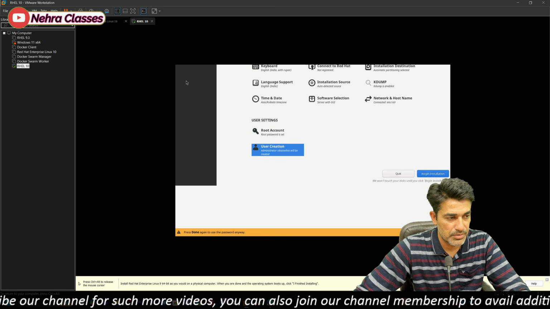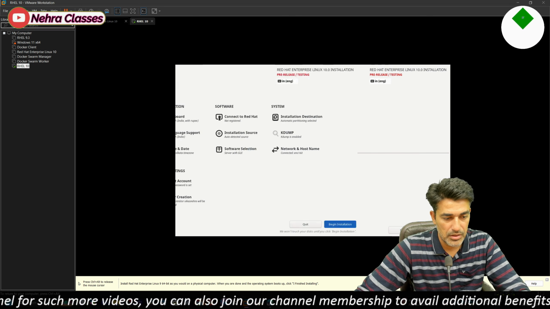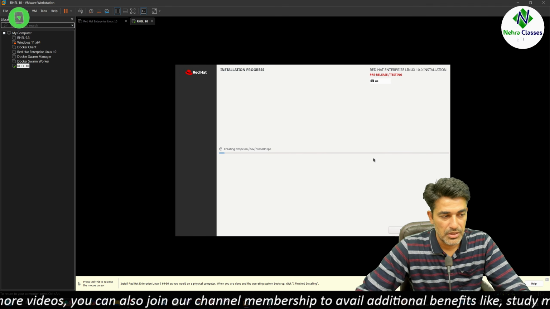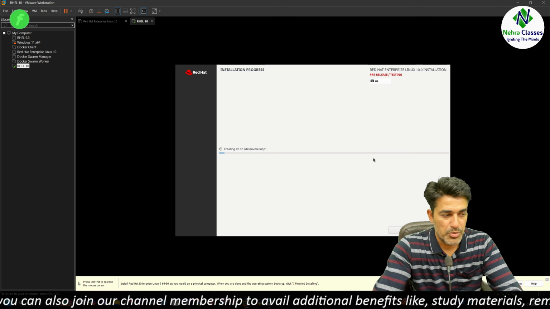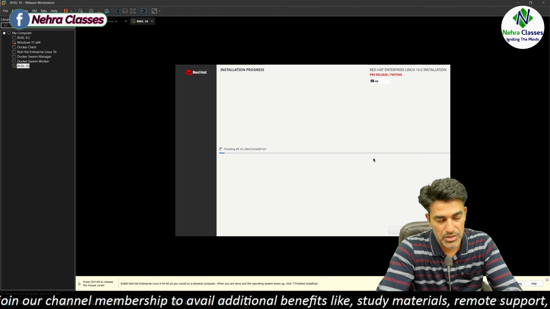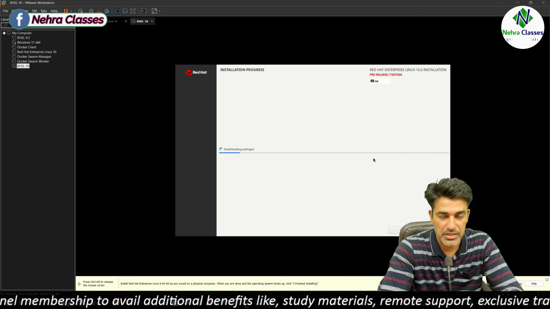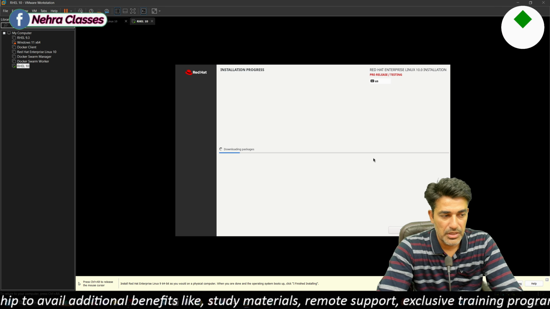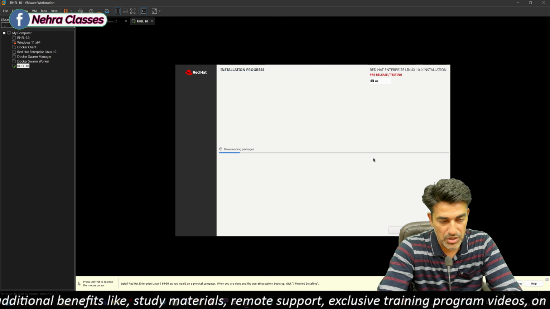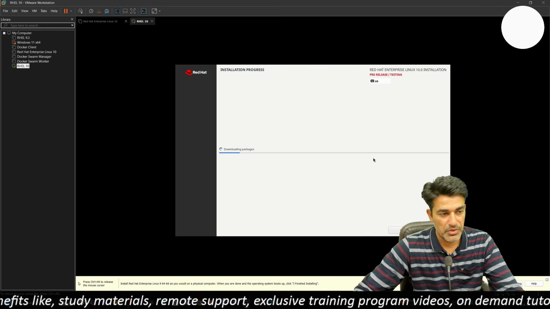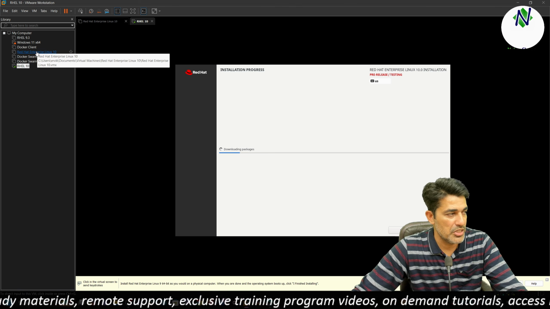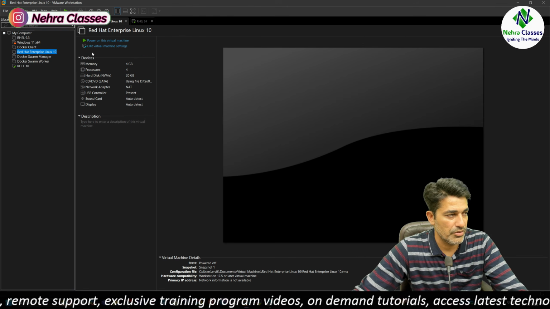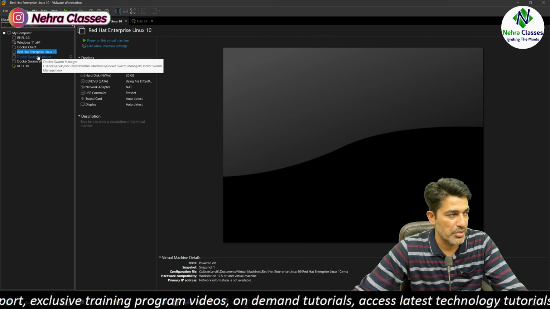Click on done and click on begin installation. So this process will take some time in installing the operating system from the ISO image. And once the installation gets completed, we can use the machine. So we already have a machine for RHEL 10 here. We can power on this machine.